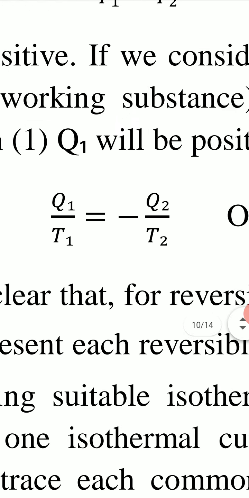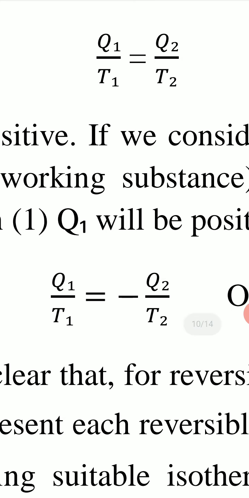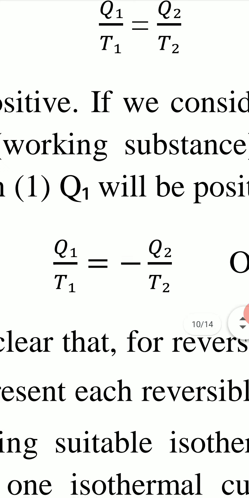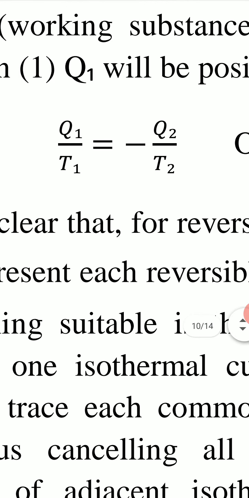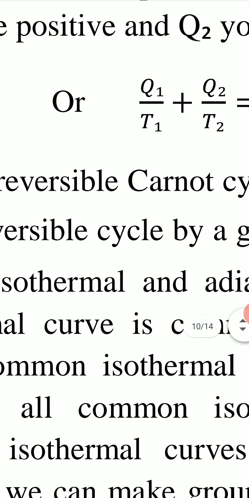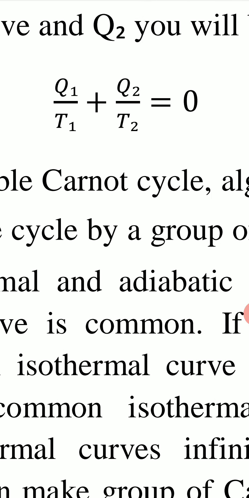So from this relation, Q1 upon T1 equal to Q2 upon T2, we can write for a Carnot cycle Q1 upon T1 equal to minus Q2 upon T2, or Q1 upon T1 plus Q2 upon T2 equal to 0. This is for one Carnot cycle.